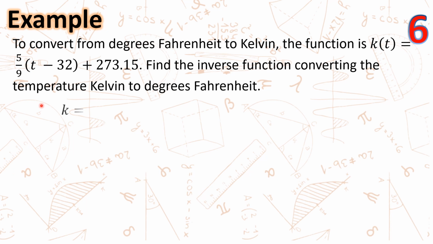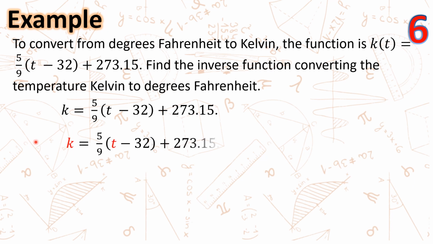Okay, so we write the function as K equals 5/9 times the quantity T minus 32, plus 273.15, in such a way that K and T represent the Kelvin temperature and the temperature in degrees Fahrenheit. In that case, there's no need to exchange the positions of the variables.